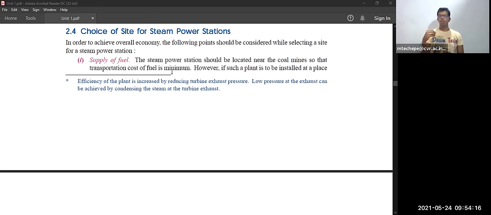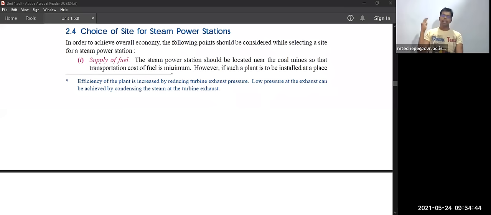Transportation in the fuel cost is very, very minimum, because transportation itself will take more and more amount. Why? Because you know the rate of the diesel, 90 rupees. With the 90 rupees diesel, if you load many times, the cost of the fuel will go straight.